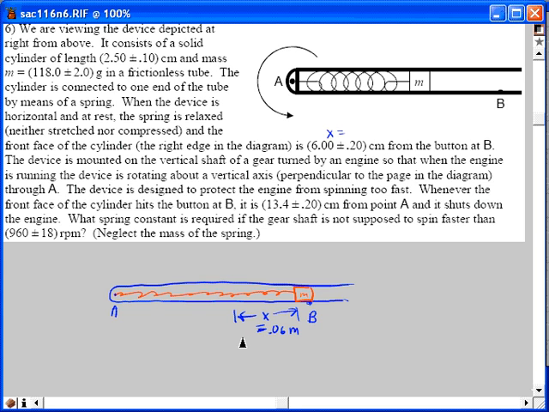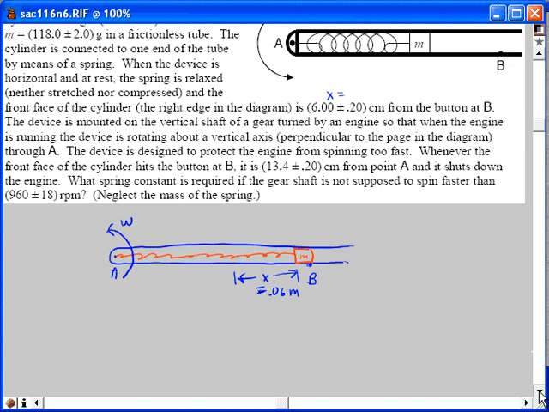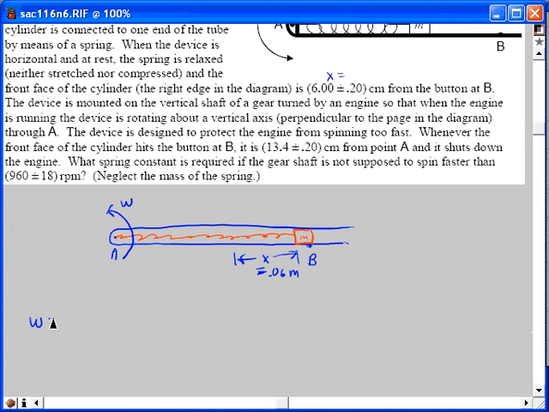Alright, what else? The thing is rotating with a speed omega. Omega is given as 960 revolutions per minute. And there are 2 pi radians in a revolution, so I'll multiply that by 2 pi radians per rev.